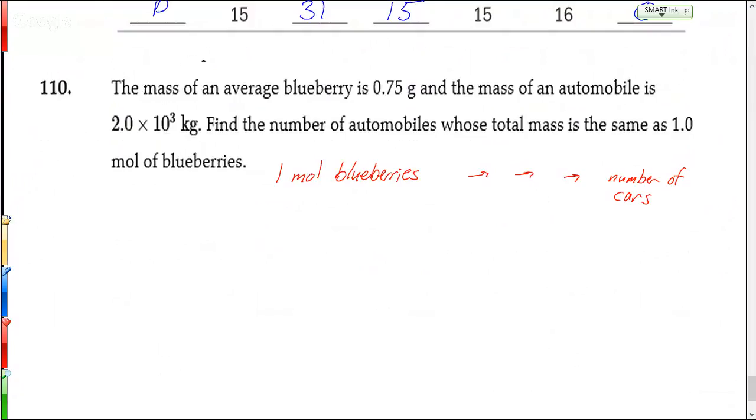So you can either think forwards or backwards or both. What can we turn 1 mole of blueberries into? And then what can we get to number of cars? It may make more sense to you to do it in separate steps and not do it as one big conversion.